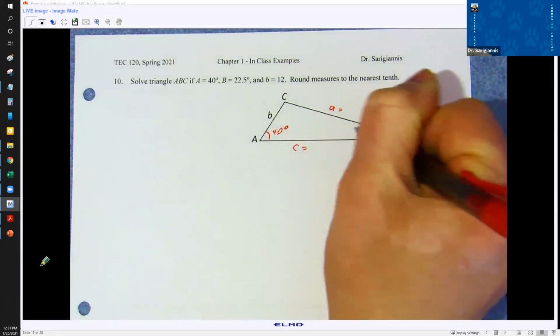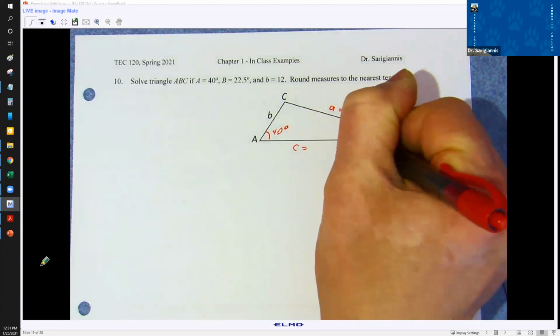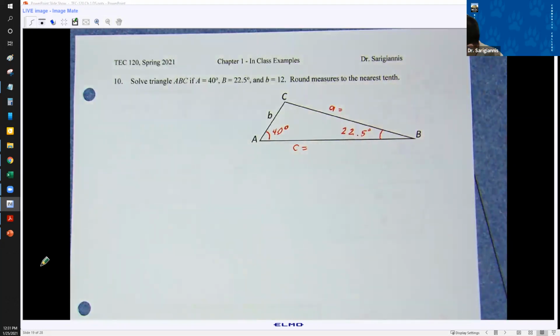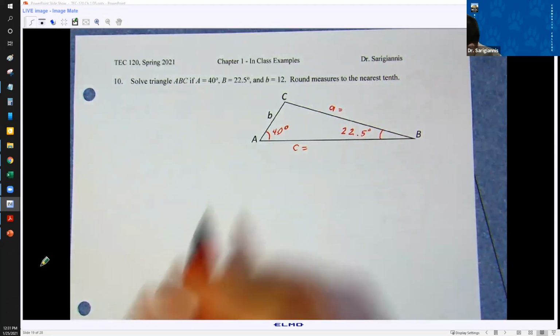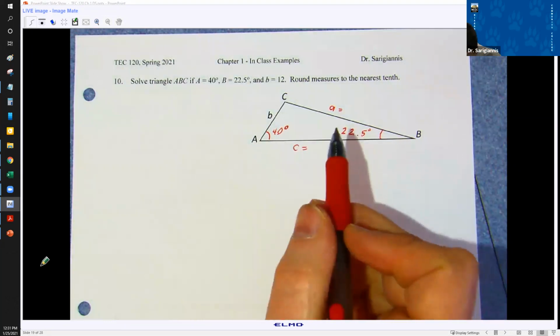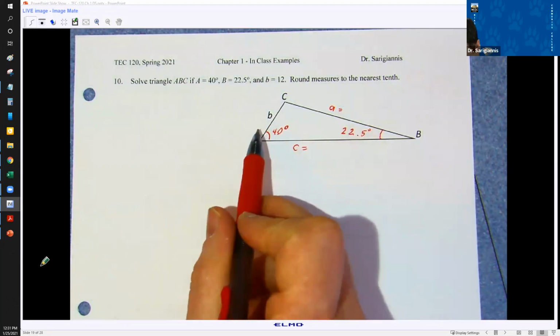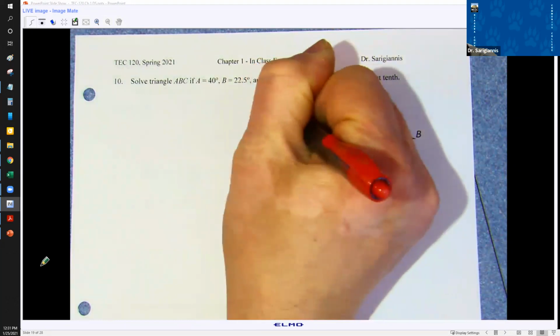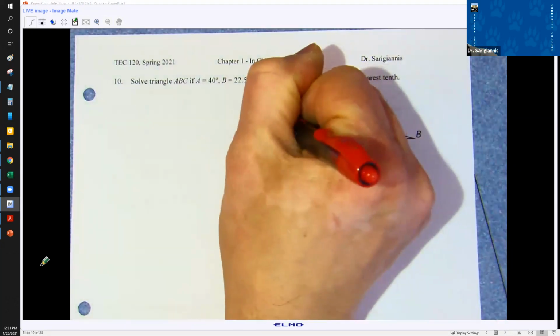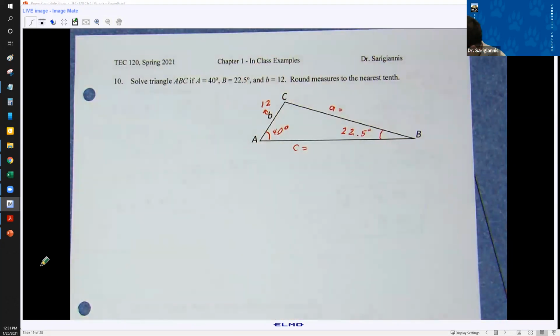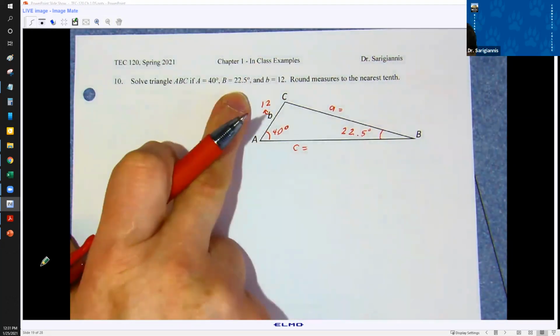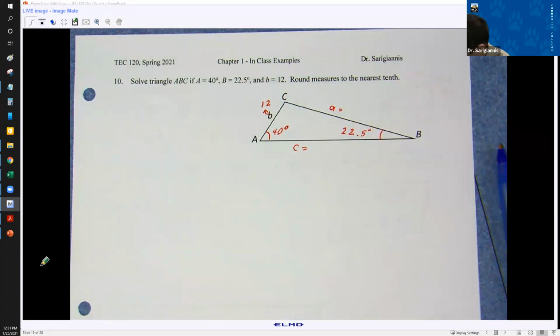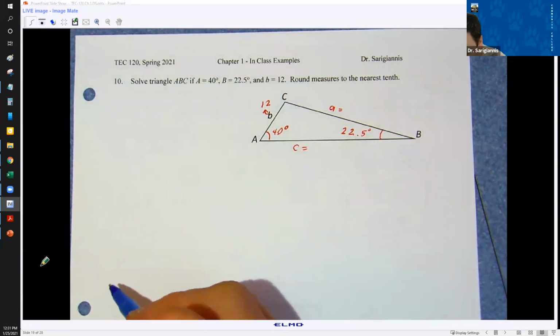I'll write this backwards here so I don't get squished into the crack there. What else? Oh, B is 12. What else do I need? 40. Yeah, that's it. So again, law of sines, right?